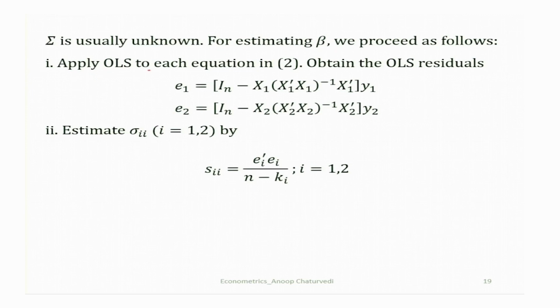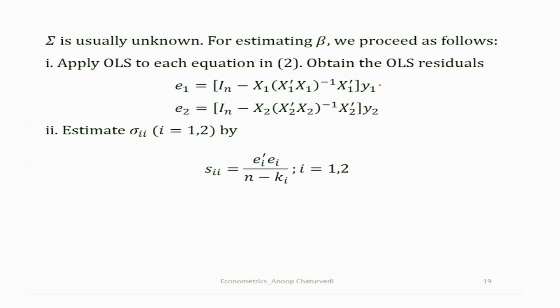First we apply OLS to each equation in 2. So, we apply OLS to each equation separately and then we obtain the OLS residuals. For the first equation you get the residual e 1 equal to (I n minus X 1 (X 1 transpose X 1) inverse X 1 transpose) y 1.